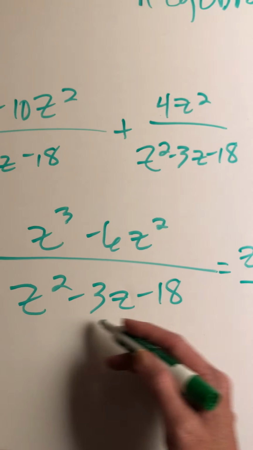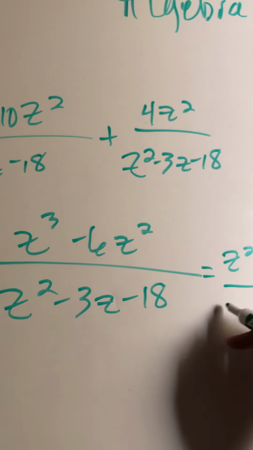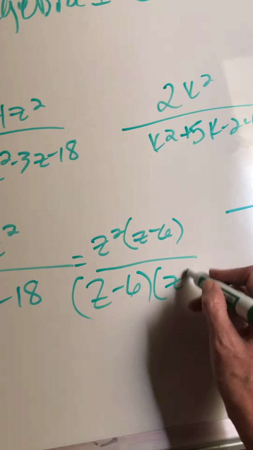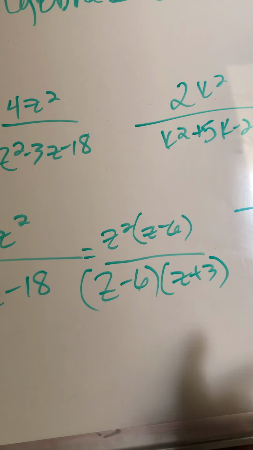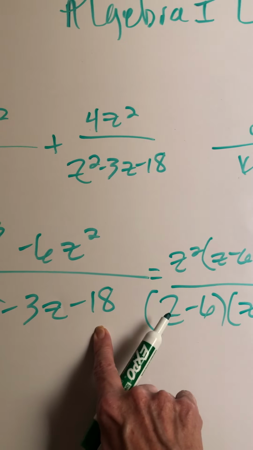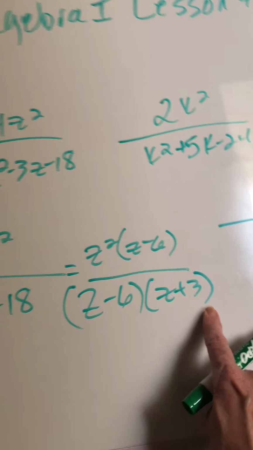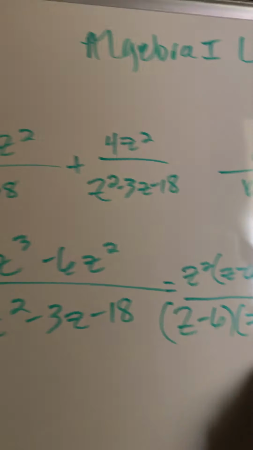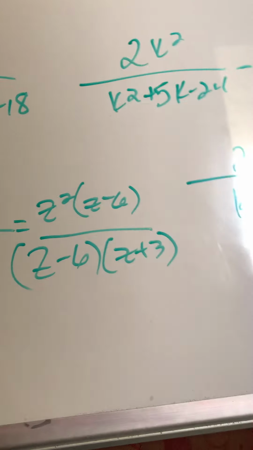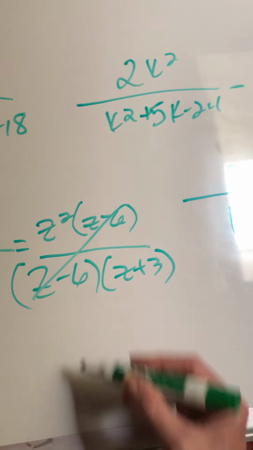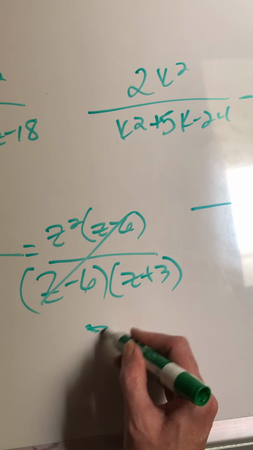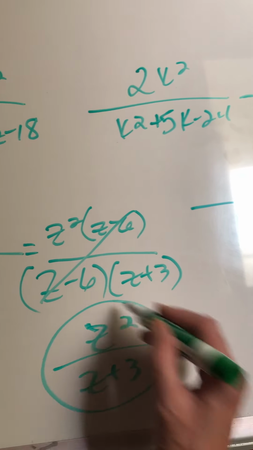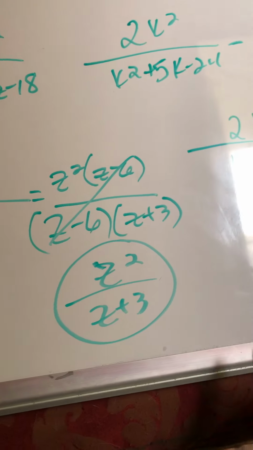Over factoring the z squared minus 3z minus 18, that's z minus 6, z plus 3, because negative 6 times 3 is the negative 18 we need, and negative 6 plus 3 is a negative 3 that we need. Then cancel what you can, z minus 6. So z squared over z plus 3.